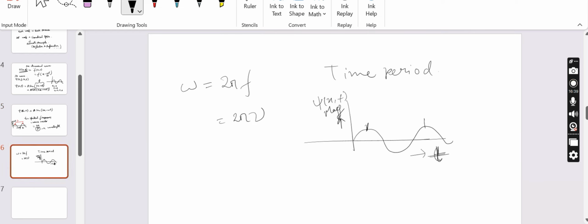So after each time period, the phase also repeats itself.